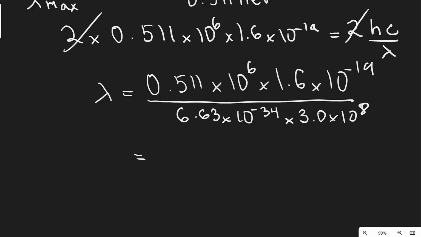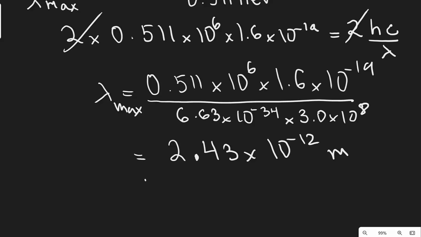And this here is, of course, the maximum wavelength. Plugging those numbers into a calculator, we're going to get a number around 2.43. So 2.43 multiplied by 10 to the power of minus 12 meters, to 3 significant figures, for the maximum wavelength.